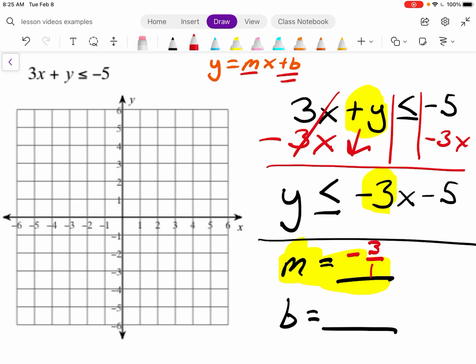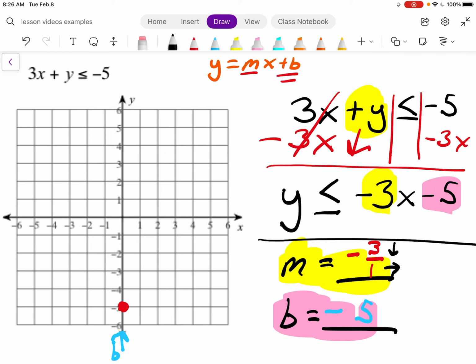Our y-intercept is negative 5. And remember, the y-intercept is always on the y-axis, so I'll put my first point at negative 5. Now my slope tells me that it's negative 3 over 1, which would be down 3, right 1.